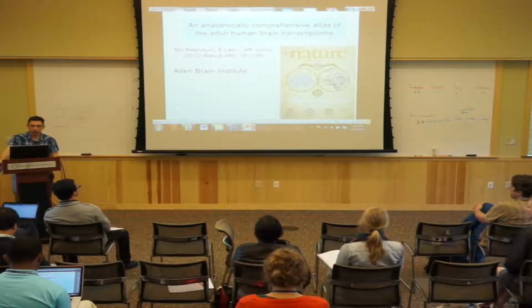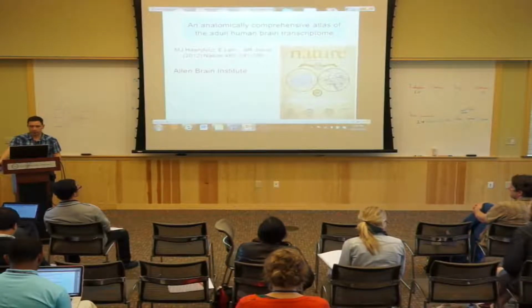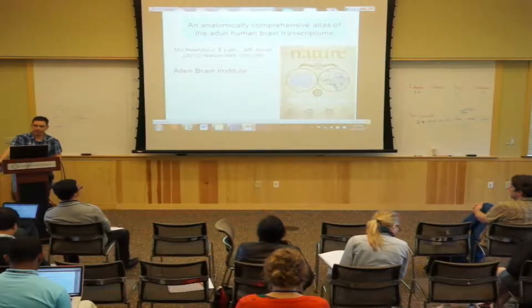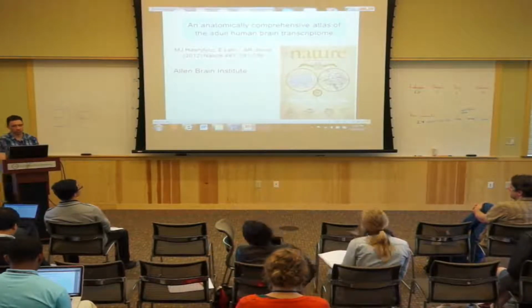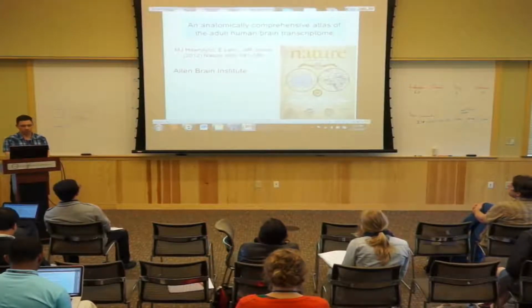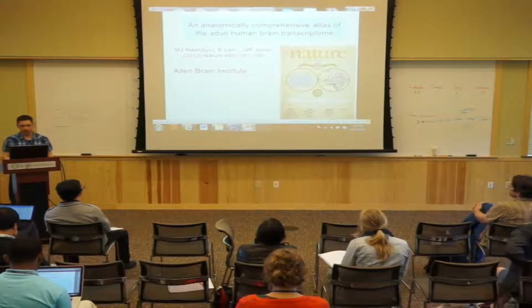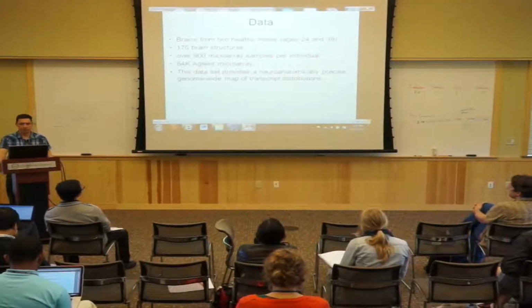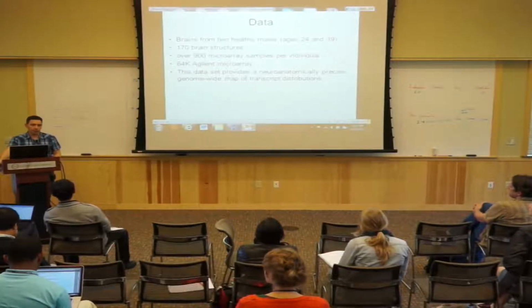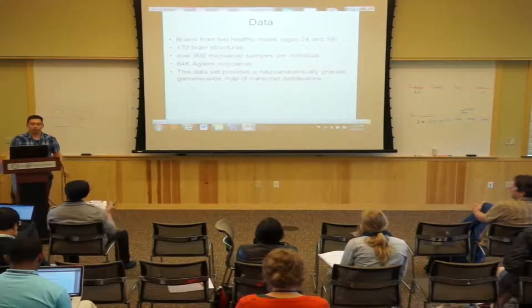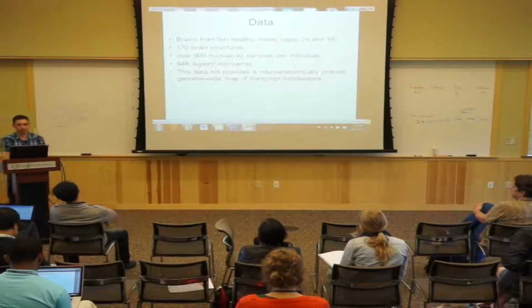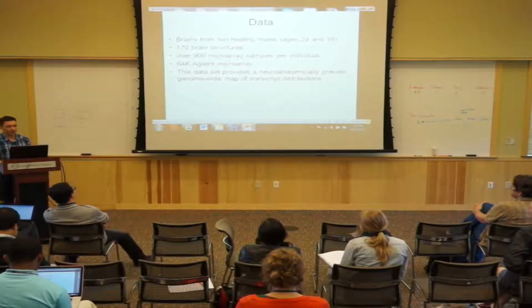And to highlight this aspect that you can reduce complex data, I now show you a recent application from 2012 where researchers at the Allen Brain Institute created a very exciting data set. So they collected brains from 2 healthy males, ages 24 and 39.